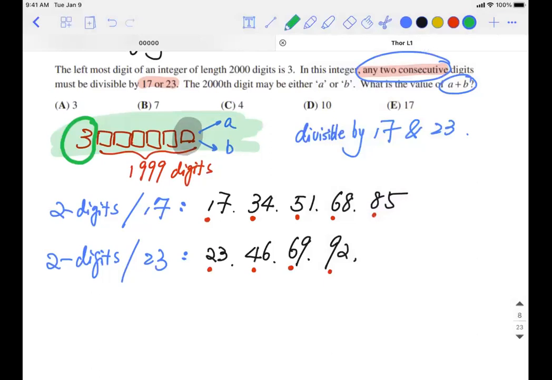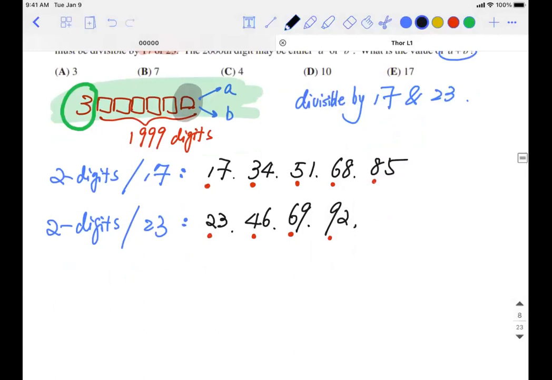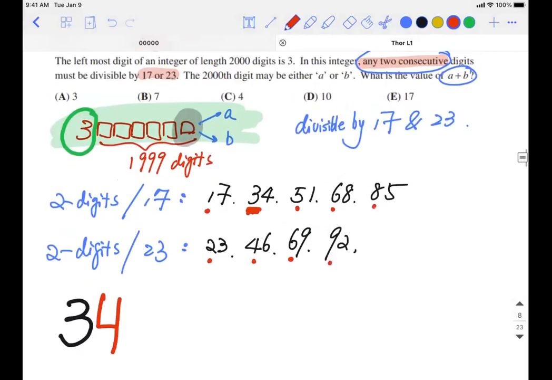I know my number: the first one is 3. So what does that mean? The second one must be 4. There's no way around it. There's only one number starting with 3. If you put another number, the rule breaks right away. You don't have to wait for the other digits.